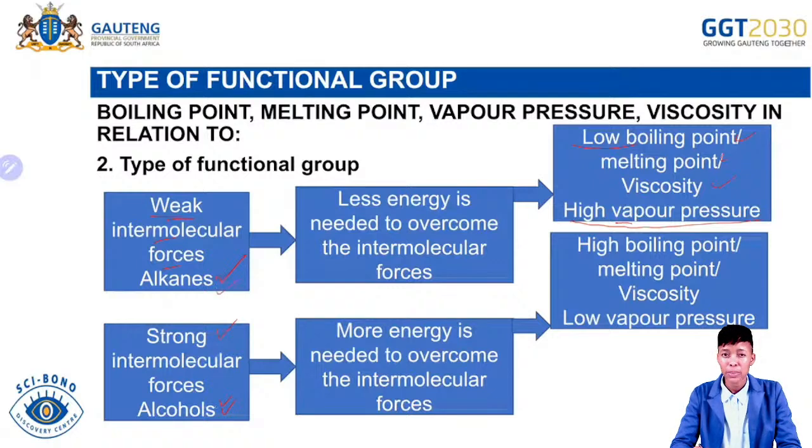If they're stronger, it means more energy is needed to overcome the intermolecular forces. So you are going to have a high boiling point, melting point, and a high viscosity. If the three are high, it therefore means that you will have a low vapor pressure. Okay.